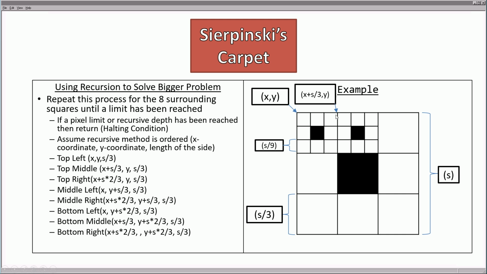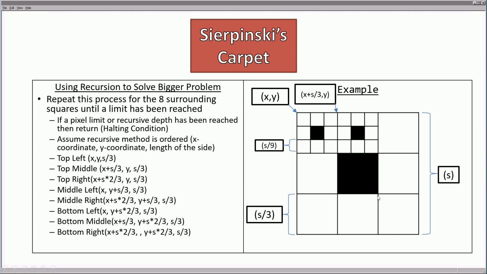Now given that, we once again take 1/3 of this side, which is now 1/9, but now we take 1/9 starting from this x position, move it over, and given the same y position, we move it down, and then giving 1/9 by 1/9, we could draw the center square. Now applying this all the way down here, it basically looks like the same thing.